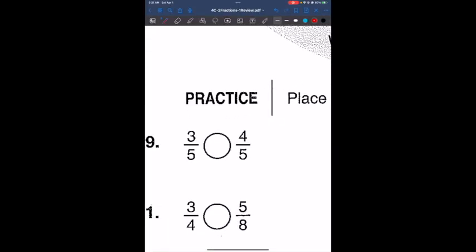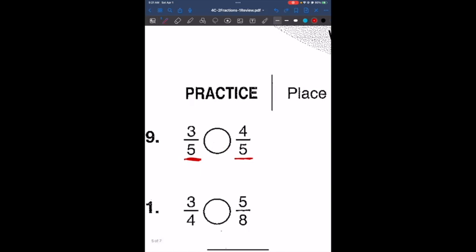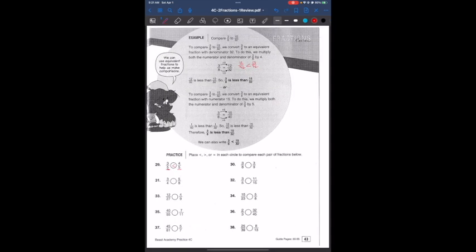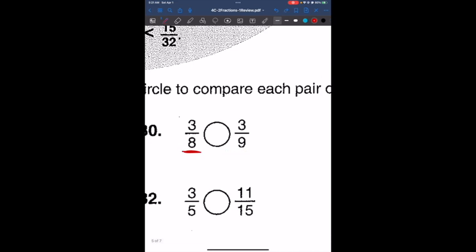And so we want to compare by matching the denominator. But in this case, the denominators are both 5. So the one with the greater numerator is going to be larger. Now in this case, the denominators are different.